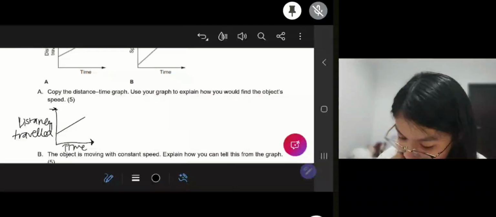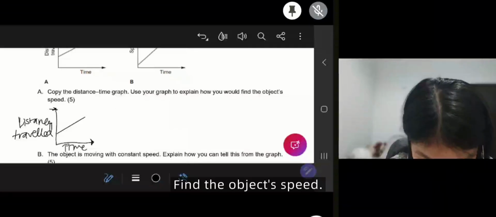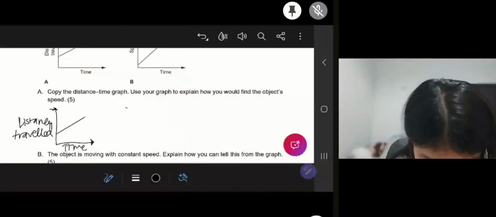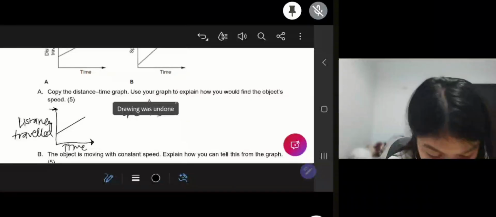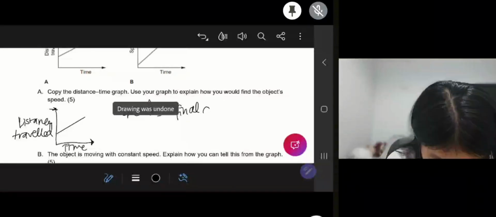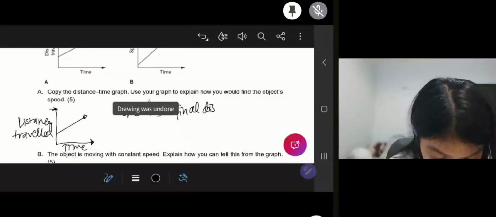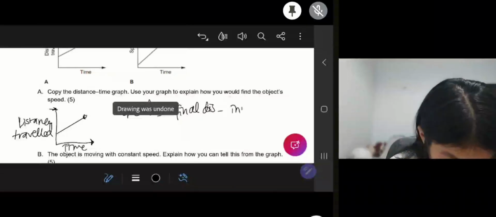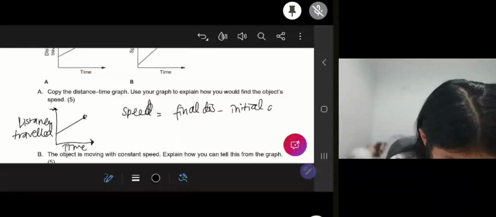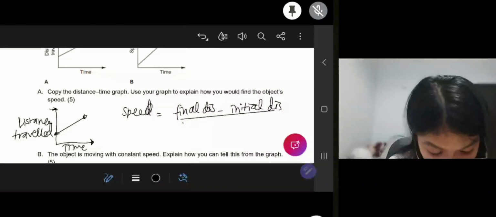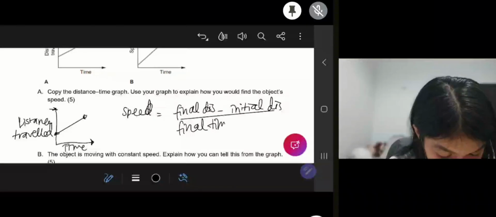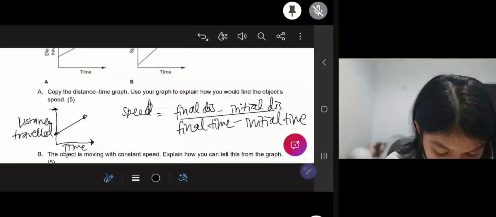So, we'd find the object's speed by finding the final distance, which is this, subtracted by the initial distance, divided by taking the final time and subtracting it by the initial time, which will allow us to find the speed.